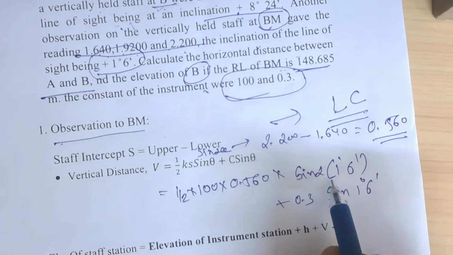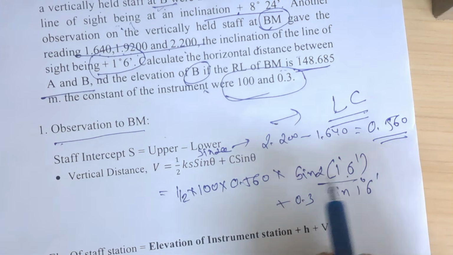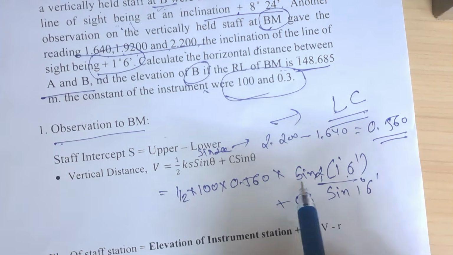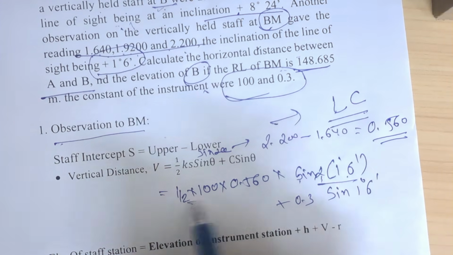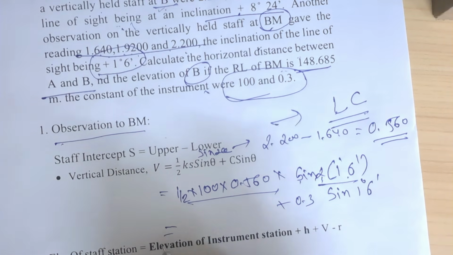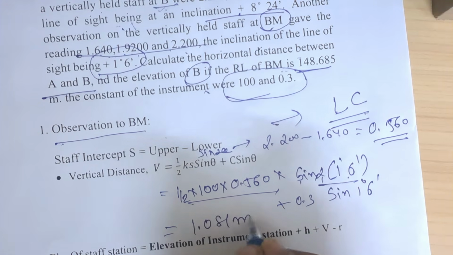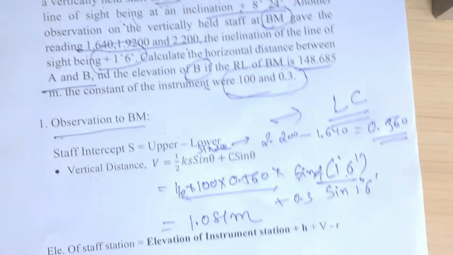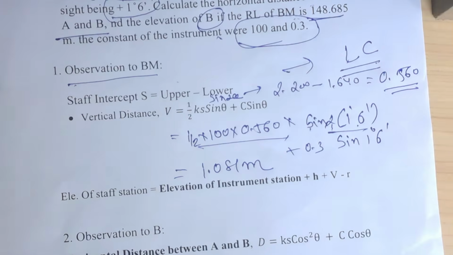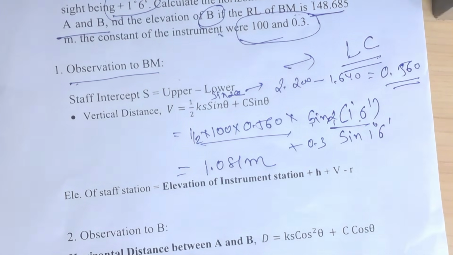Now how to calculate? First multiply your angle by two and then calculate the sine, then multiply with this value. You will get the answer 1.081 meter.